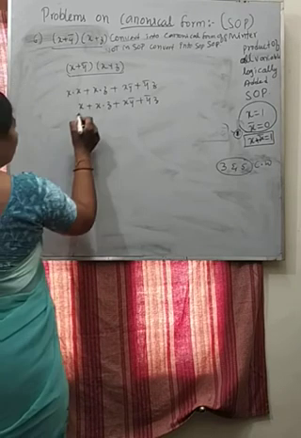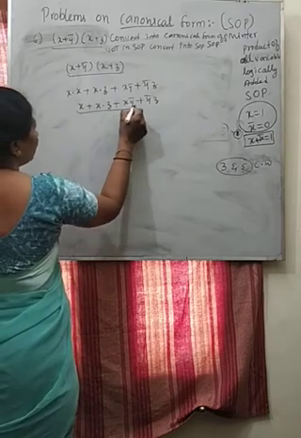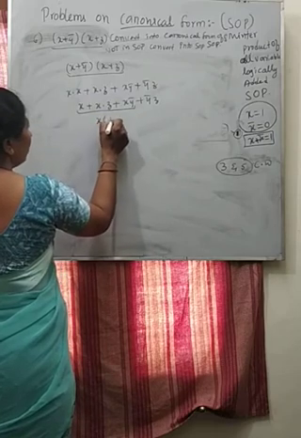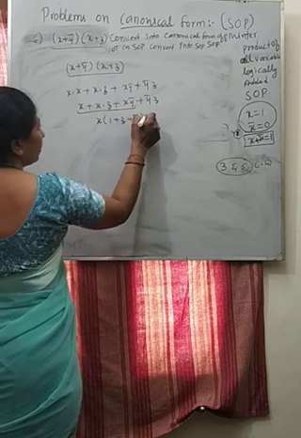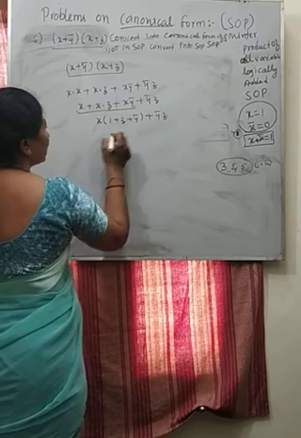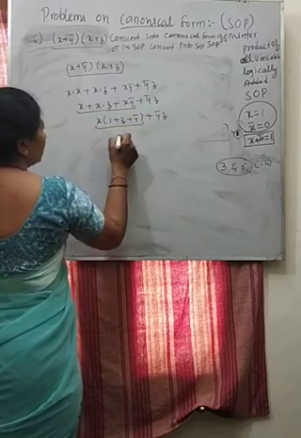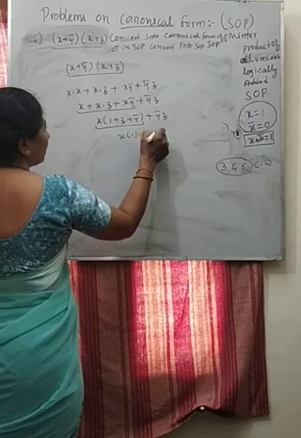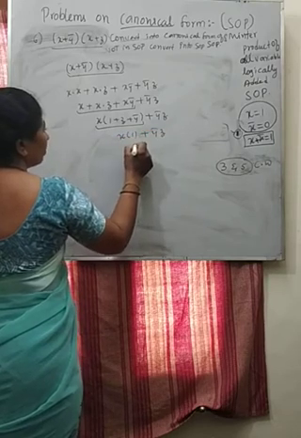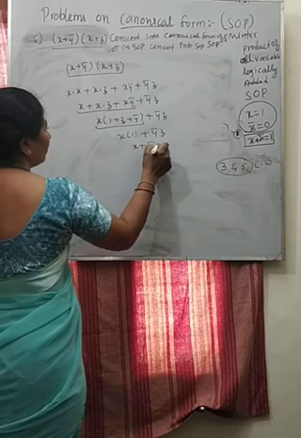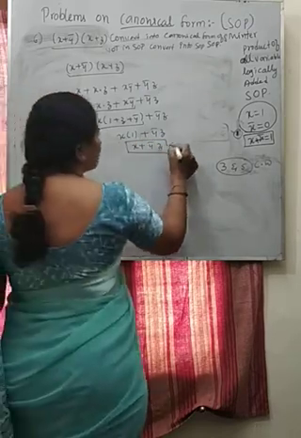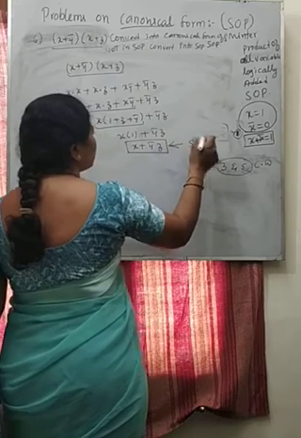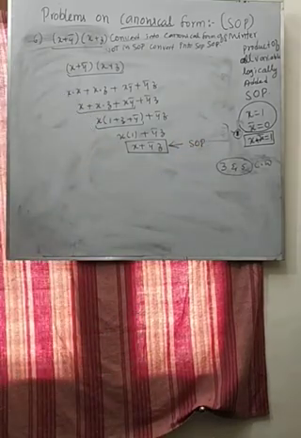Then what is the common variable among these three terms? x is common: 1 plus z plus y complement, plus y complement z. What you will get? x into 1 plus y complement z. So x plus y complement z.